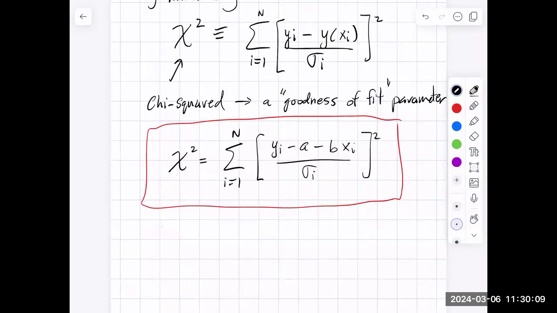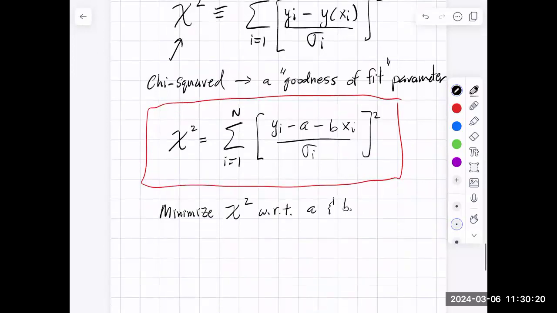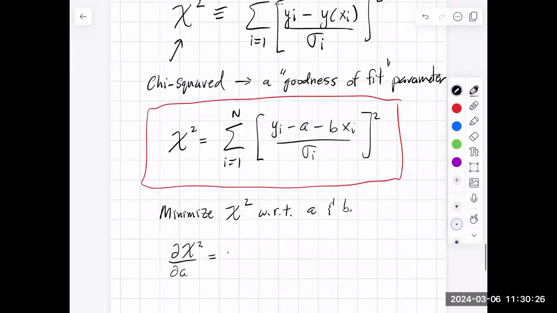Let's see. So minimizing chi-squared with respect to A and B. We'll have to do d chi-squared dA and set that equal to 0. So what do I get?